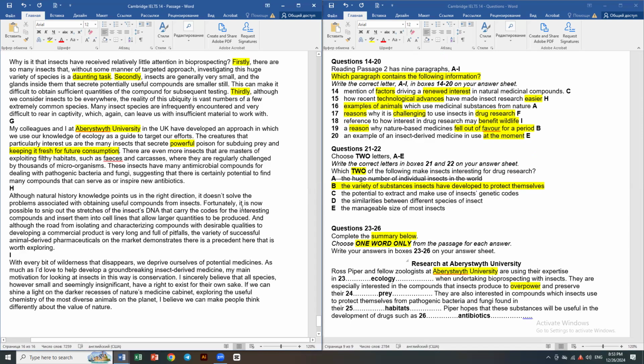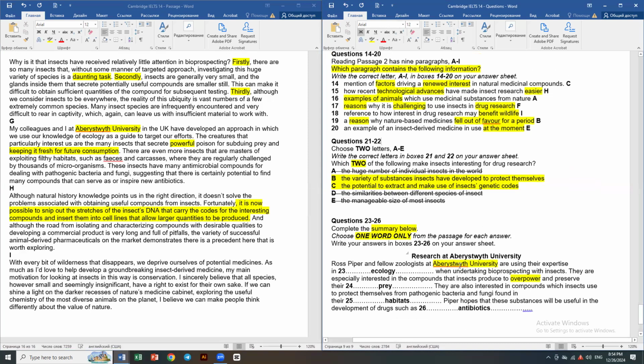Okay, so it is now possible to snip out the stretches of the insect's DNA that carry the codes for the interesting compounds and insert them into cell lines that allow larger quantities to be produced. I think that is B and C, maybe I'm wrong. The similarities between different species of insects? They didn't talk about the similarities. The manageable size of most? No, there's no manageable sizes.